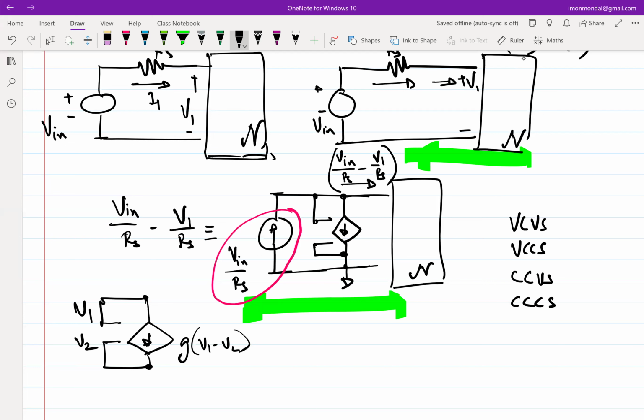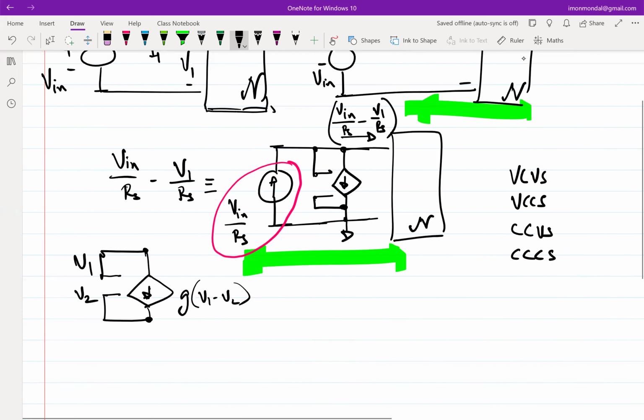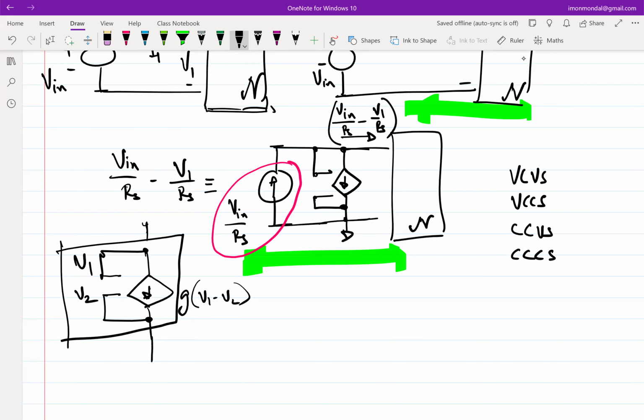If I look at the black box through the terminals, what will I observe? I'll observe that the voltage across this terminal is V1 and the current through this terminal is V1 over Rs. So this is nothing but a resistor, right?